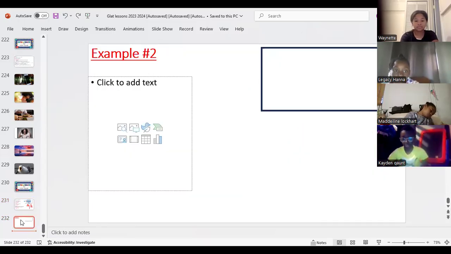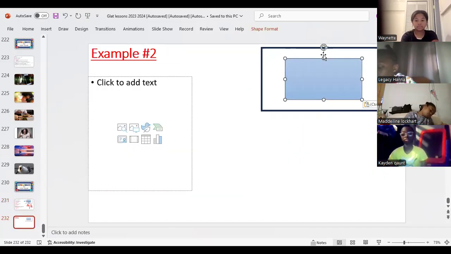All right, so we're going to call this one, still going to be a floor mat.